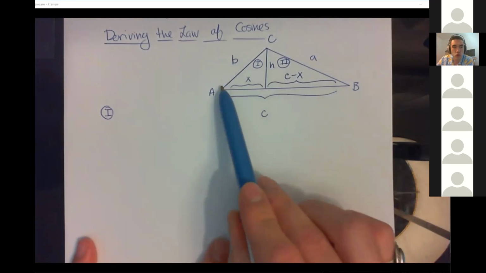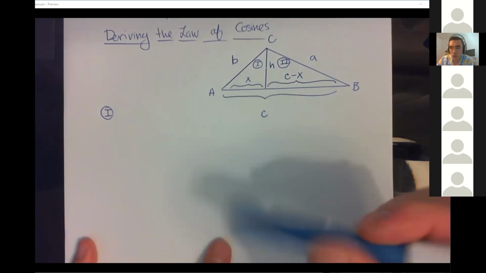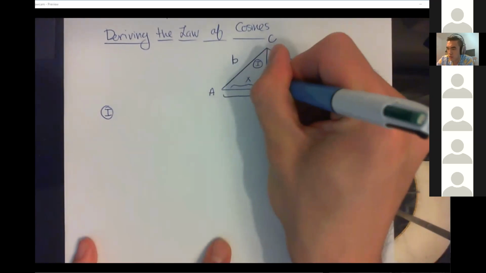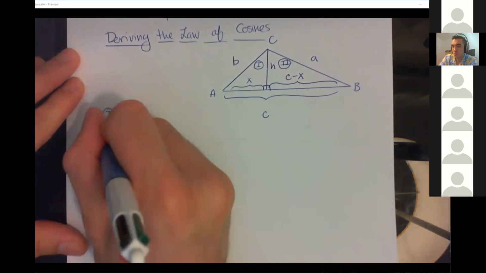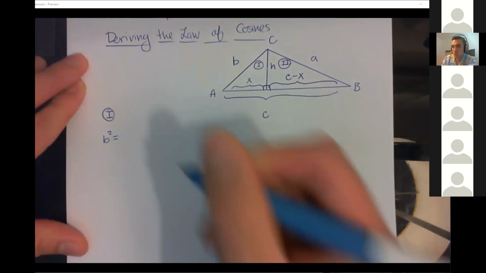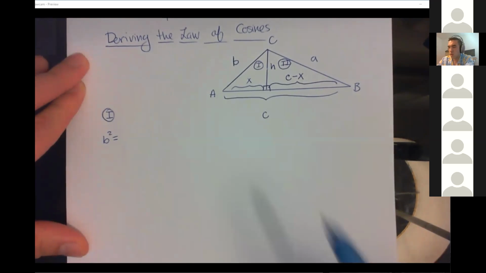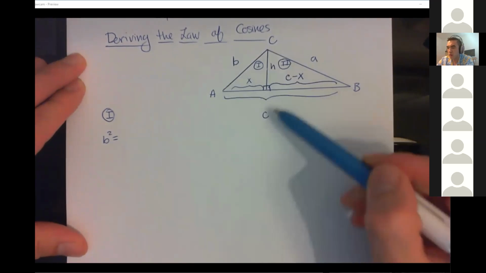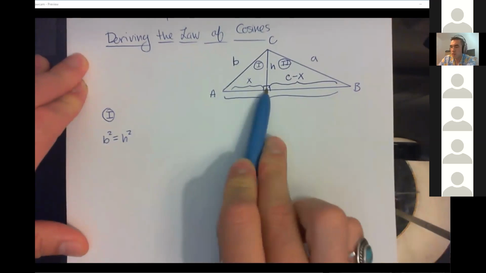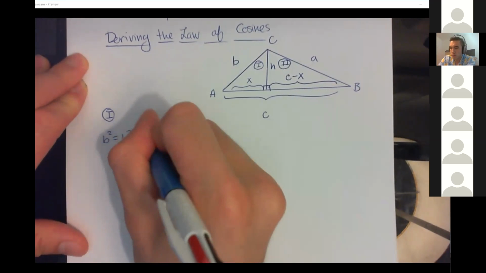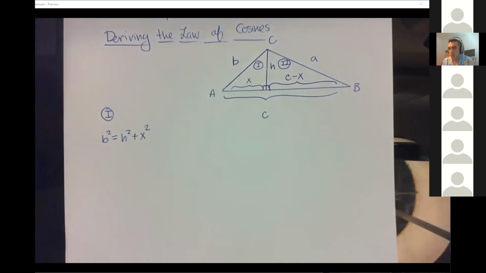Oh, I'm sorry, and this is an altitude, so this is a 90-degree angle. So what does the Pythagorean theorem look like for triangle 1? A squared plus h squared equals b squared. So the hypotenuse on the left is b squared. This length is h, so that's h squared. And this length is x, so that's x squared. And that's really the complete statement of the Pythagorean theorem for the left-hand triangle.